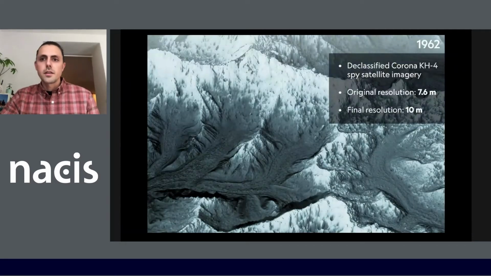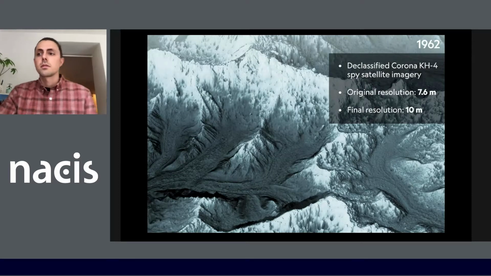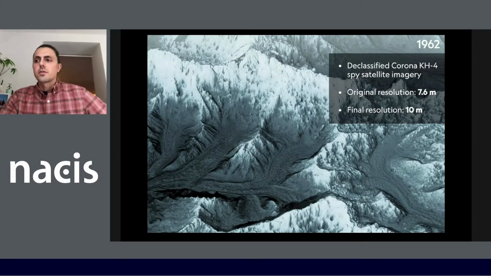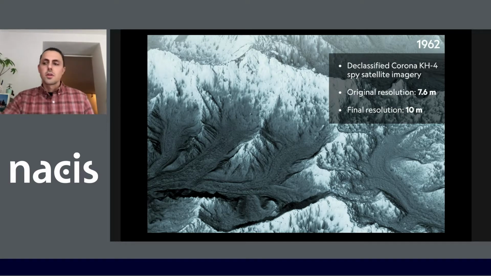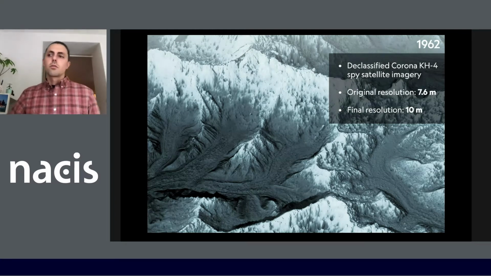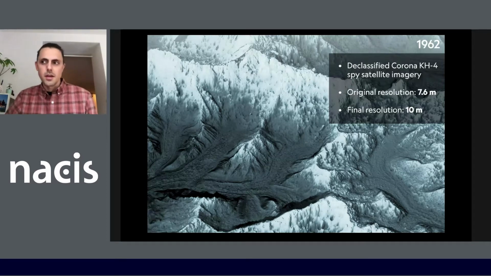The first data set is from 1962, and it's derived from declassified Corona spy satellite imagery. It was originally at 7.6 meter resolution, but everything was resampled to 10 meters for the study. The background here is the elevation model run through Natural Scene Designer.